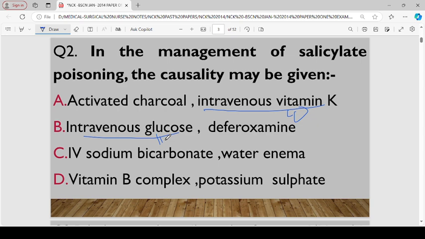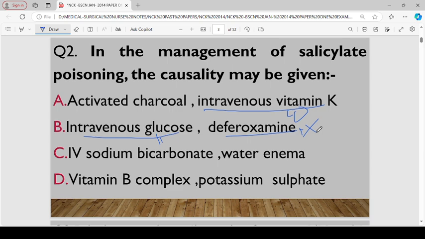And for deferoxamine, this one maybe when you're talking about iron poisoning, that's when you may need this one. So this option is completely wrong. It does not answer our question, which is about reversing salicylate poisoning.